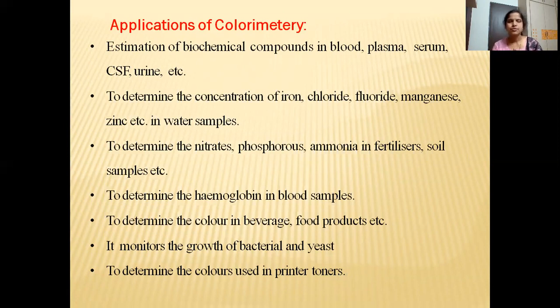So we have seen the principle behind it, the different components, and the applications. All these applications that we can determine by using colorimetry are based upon the intensity of the light absorbed by the sample solutions.